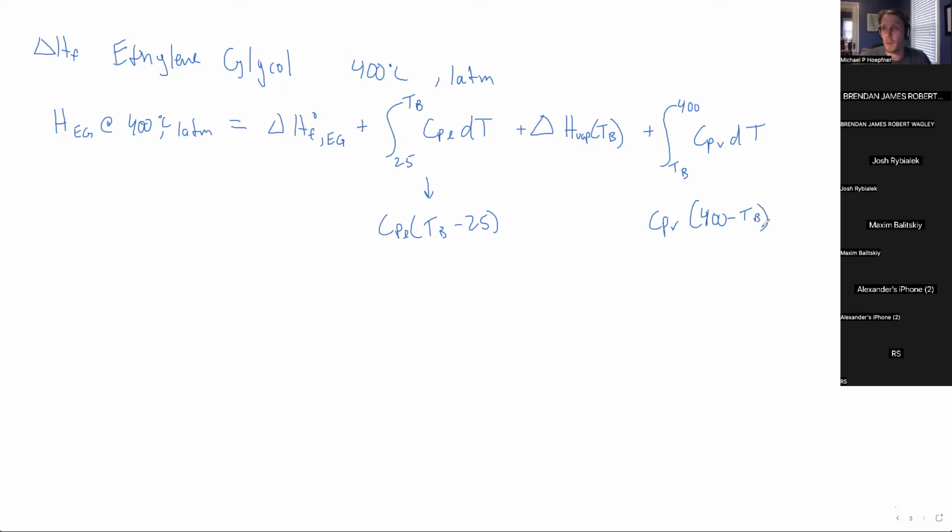Now, for the other problems, some of them say now you use the heat of reaction method. Well, in the heat of reaction method, we just get rid of this term here. So in the reaction method, the reference is the molecule at 25 degrees C and 1 atmosphere.